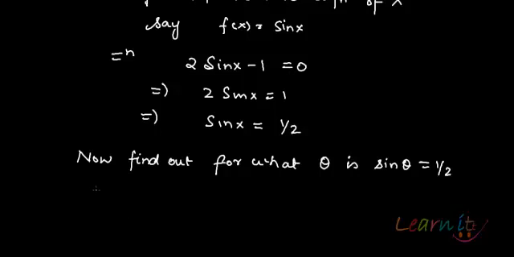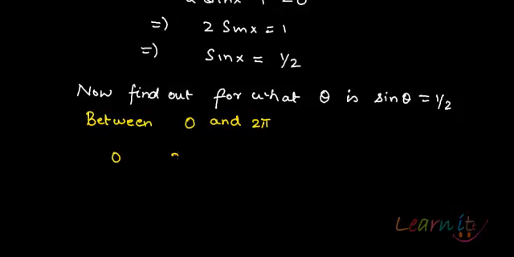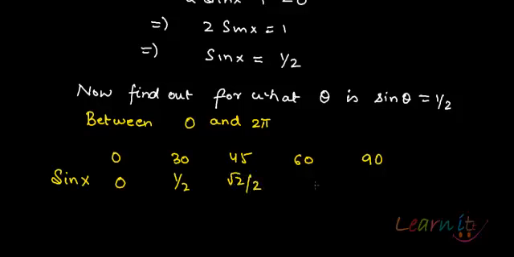Now between 0 and 2 pi, the major angles for which we can get our values are 0, 30 degree, 45 degree, 60 degree, 90 degree. So this table can give you the values of sine. Sin x at 0 is 0, then at 30 it's half, then it is root 2 by 2 for 45, then it is root 3 by 2 for 60, and then 2 by 2, which is 1.